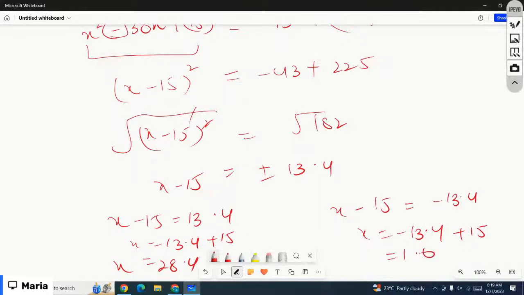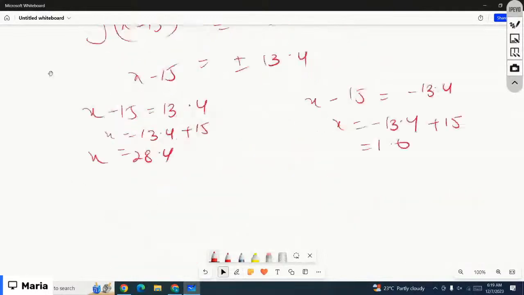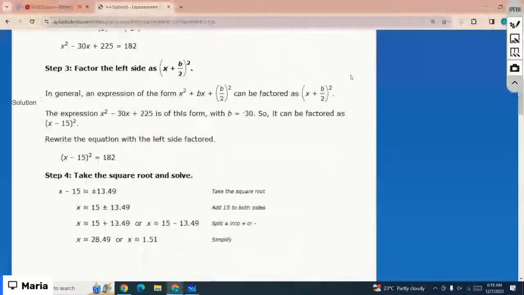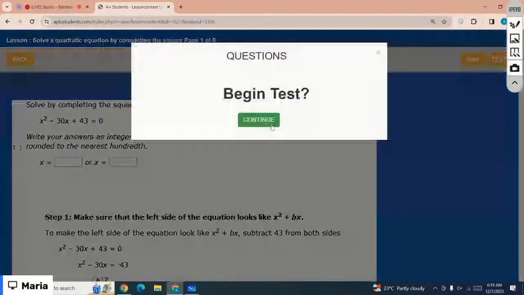So you have two values for x. They are x equals 28.4 and x equals 1.6. Got it? Let me just check the values. Yes, they are 28.4 and 1.6, right? Okay, let's just start with the practice questions.